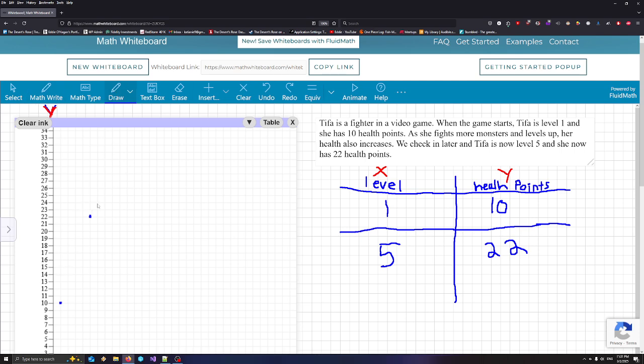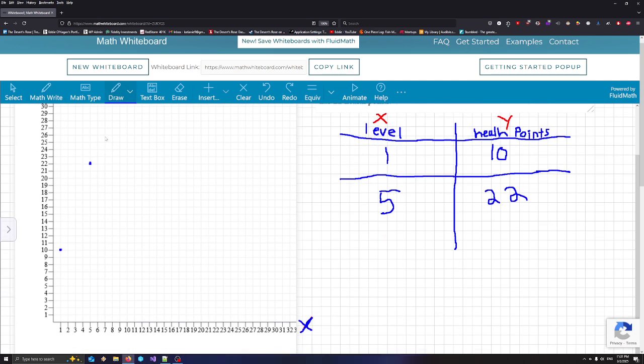So we kind of have a line that goes through these points. We don't necessarily have to even draw the entire line or all the points, but it gives you an idea of the increase that we're making.